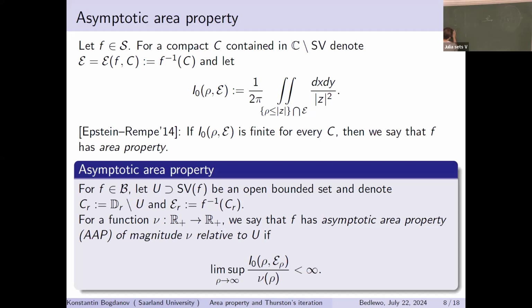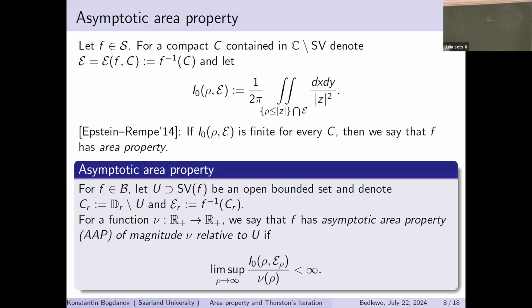Vertical lines with the real part equal to 0, and with the real part equal to logarithm of rho. Again, maybe I didn't draw it very well. It should be much closer here. Logarithm rho.